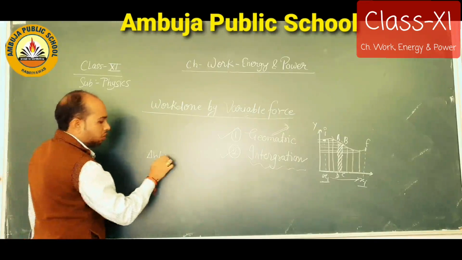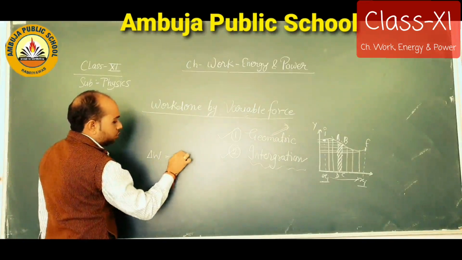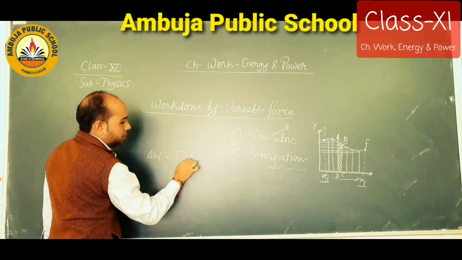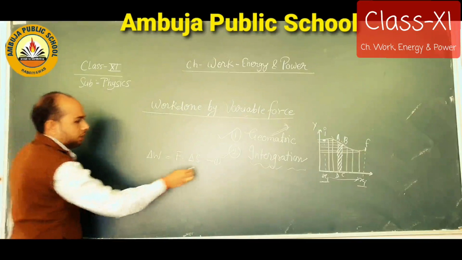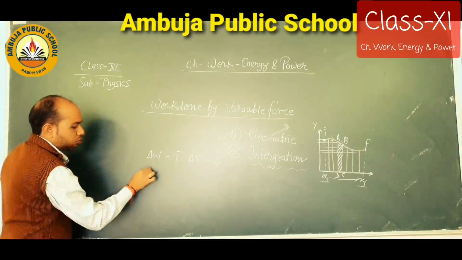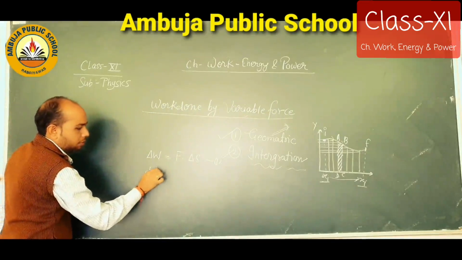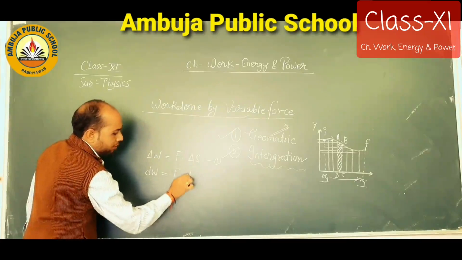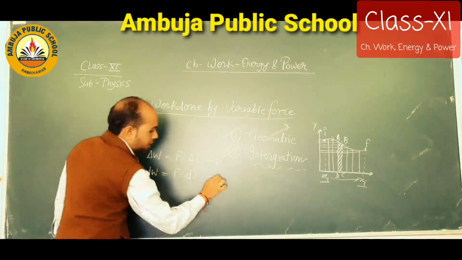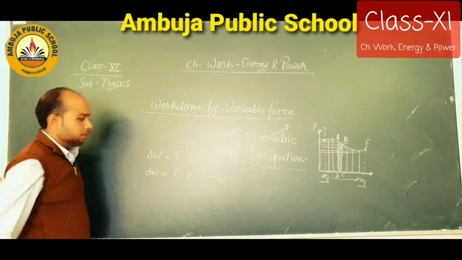This means small work done. This equals force into displacement ds. And for integration, this del symbol is converted to d, W, F remains the same, displacement becomes ds. Equation number 2.